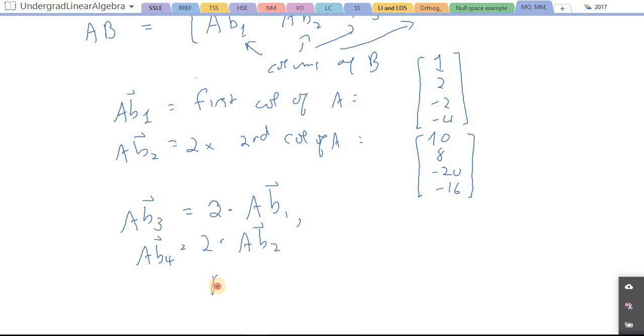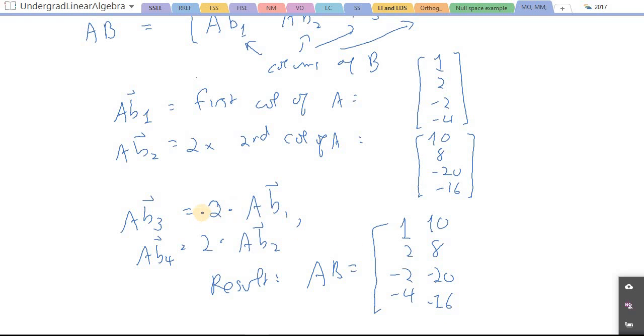Okay. So what's my total result? My total result is AB is equal to, let's pick up the AB1 first. So it's 1, 2, minus 2, minus 4. Second column, 10, 8, minus 20, minus 16.